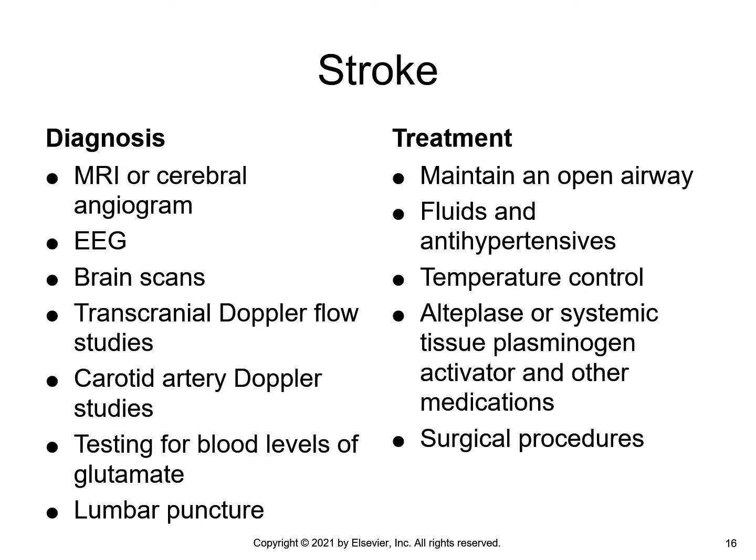Recombinant tissue plasminogen activator is used to help dissolve clots and emboli in an ischemic stroke. It must be administered within 3 to 4.5 hours of the onset of the patient's symptoms.